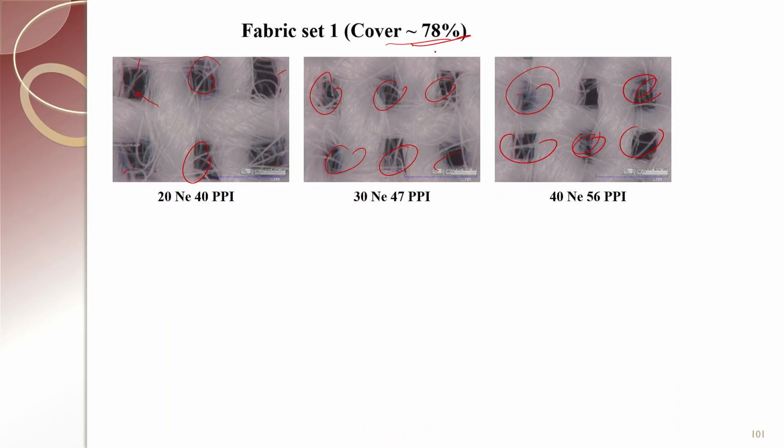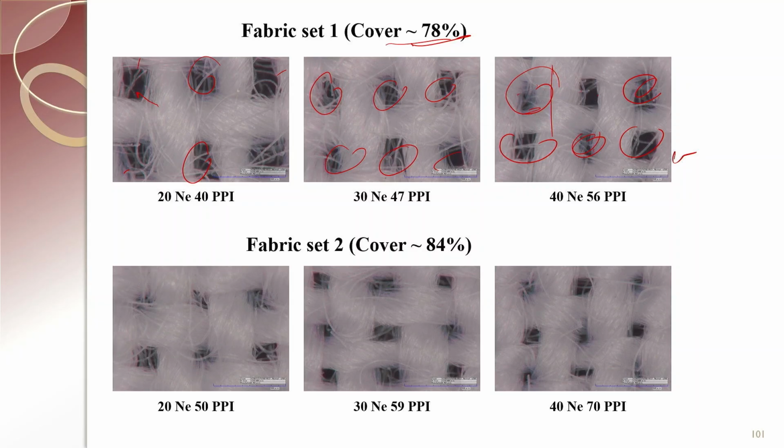When the distance between the weft yarns is smaller, the chances of covering by the hairiness is more, and the effect of the flattening of yarn will be more prominent here. And similar result for fabric set 2.